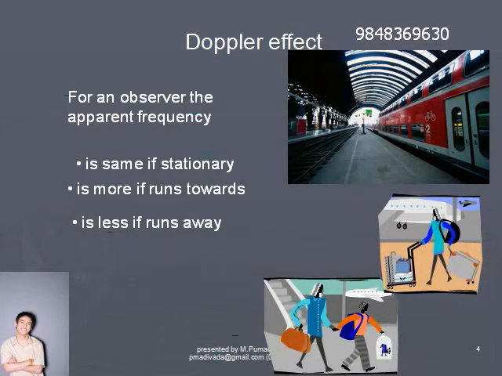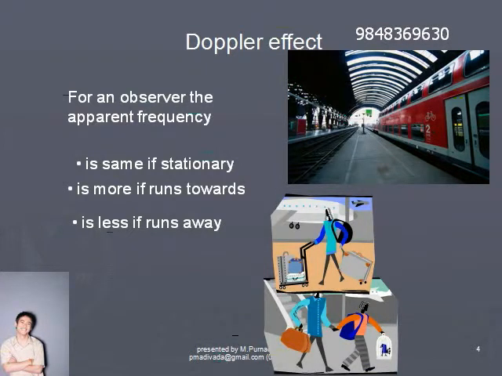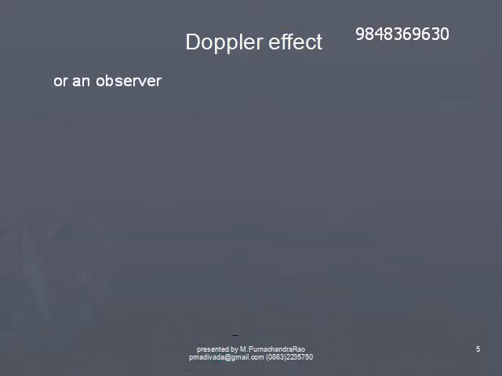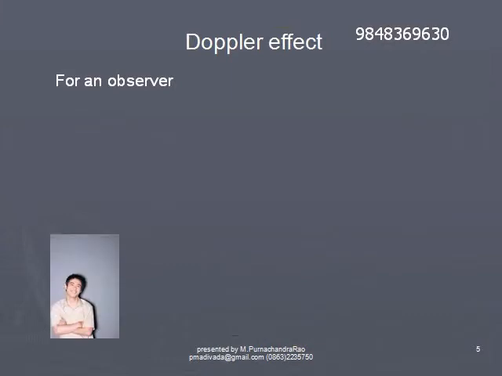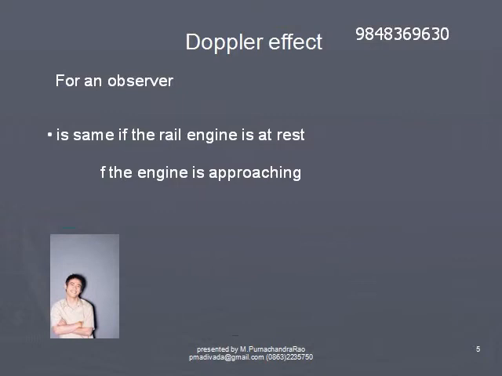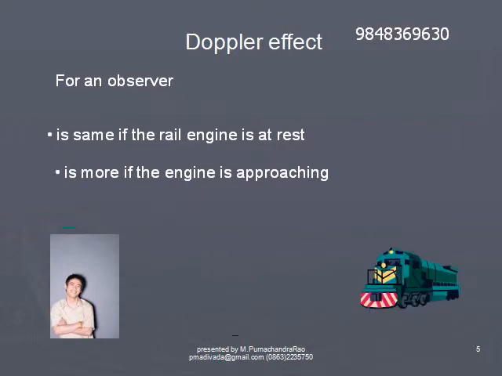The frequency of sound received by the passenger depends on whether he is stationary or moves towards the engine or away from the engine. The same effect is noticed when the passenger is at rest and the engine is in motion. If the whistling rail engine is at rest, for the passenger at rest, the frequency will be the same.